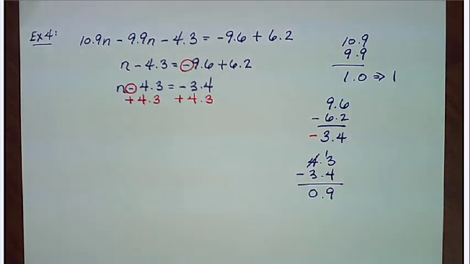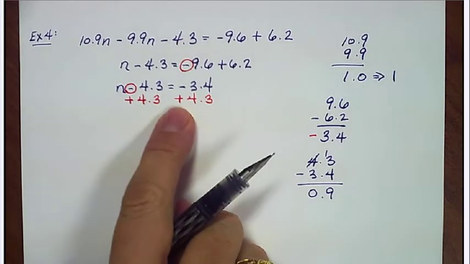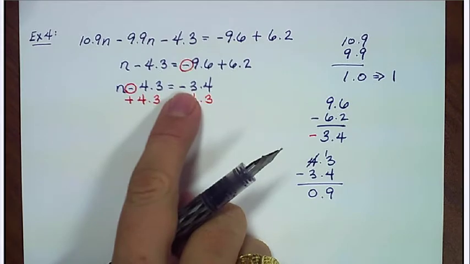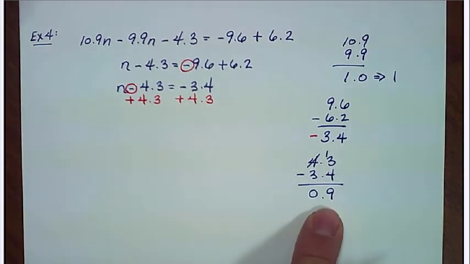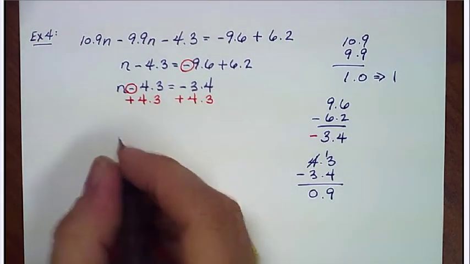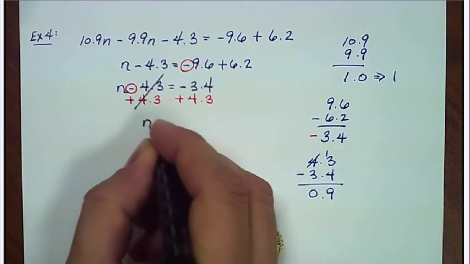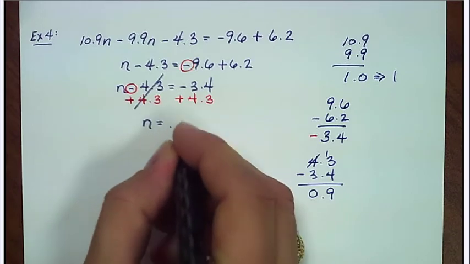So I'm going to be left with 0.9, but we've got to judge. Was our larger number positive or was our larger number negative? Well, in this case, 4 is larger than 3, so my larger number is positive, so I'm left with a positive 0.9. So my numbers here cancel, leaving n is equal to a positive 0.9.